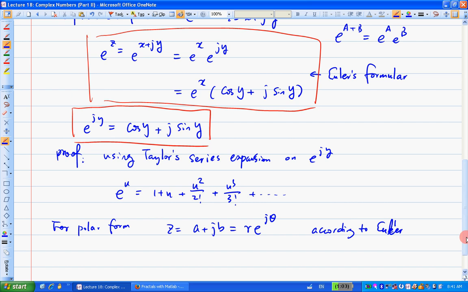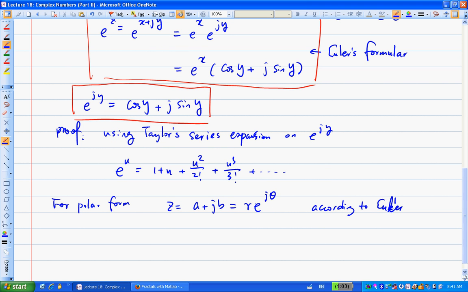Okay? So now you can see, given a complex number, how many different formats I can write this complex number in. First, a plus jb, right? The second, this r cos theta plus j r sine theta. And third is r e to the power of j theta. Does that make sense? So all three of these represent the same complex number.